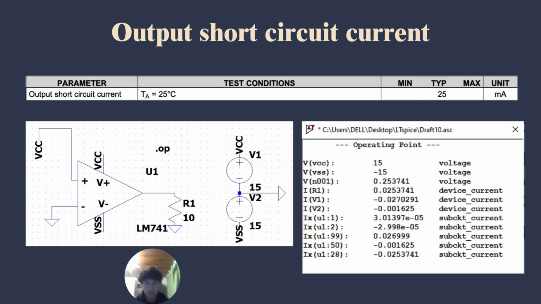So for the LM741, the typical value of this maximum current that the amplifier can provide is 25 milliamperes.